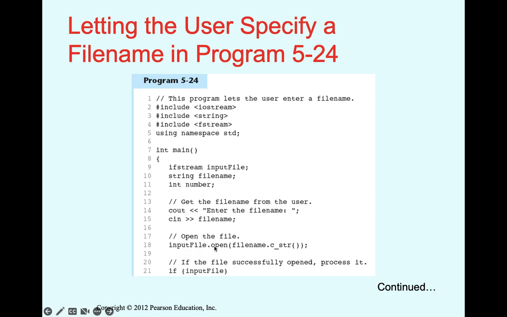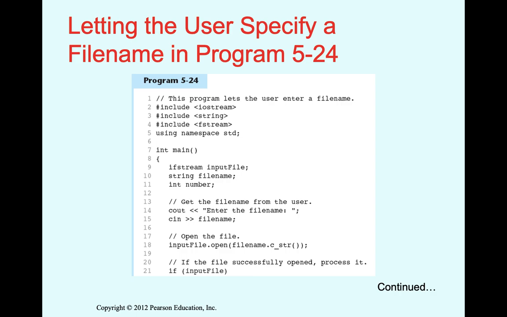And then we will open the file name. So we ask the user which file name you want to open, and then we take the filename.c_str(). Why do we use c_str? Because the string that we want to give and open has to be a C-type string. There are two types of string, the common string object, and there is something called a C-type string.